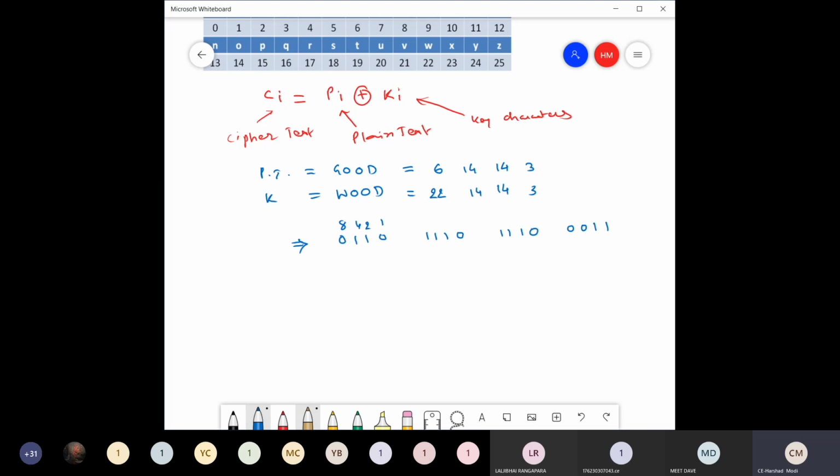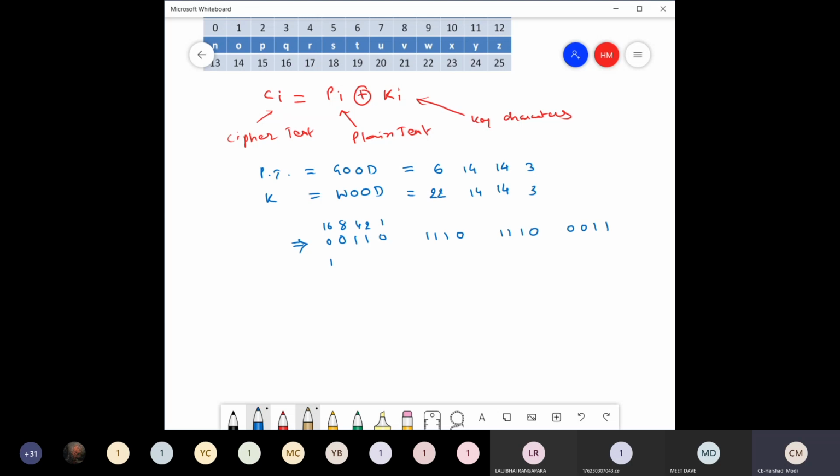Actually, in the first row of the plain text, all the letters have a value less than 16, so we can accommodate it in 4 bits in binary. But here there is W, so we have to include one more bit. W is 22, so here we have to include the bit for the power of 16.